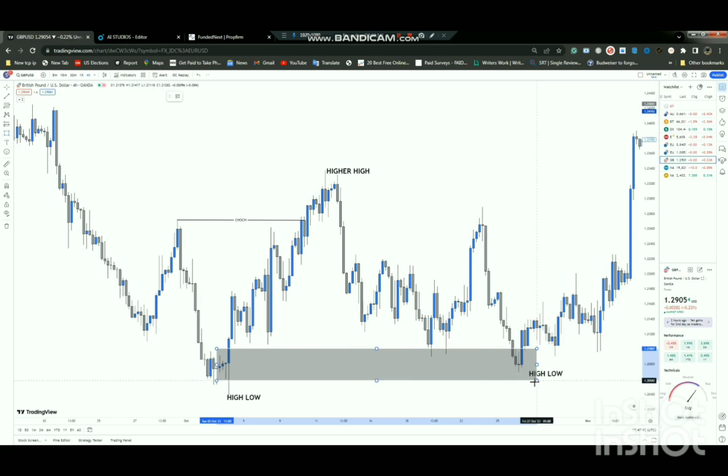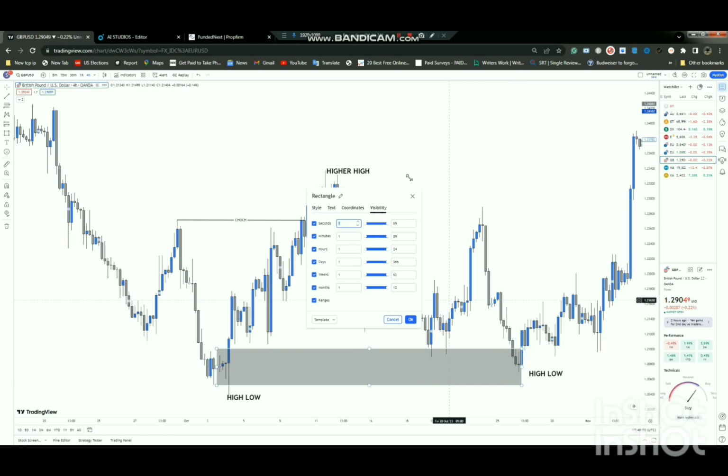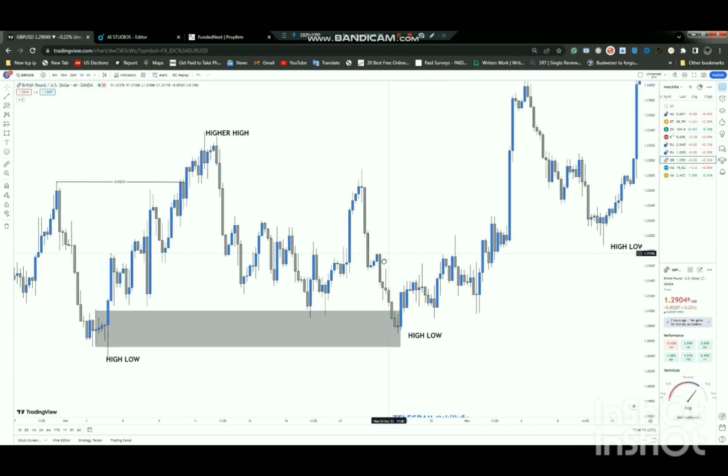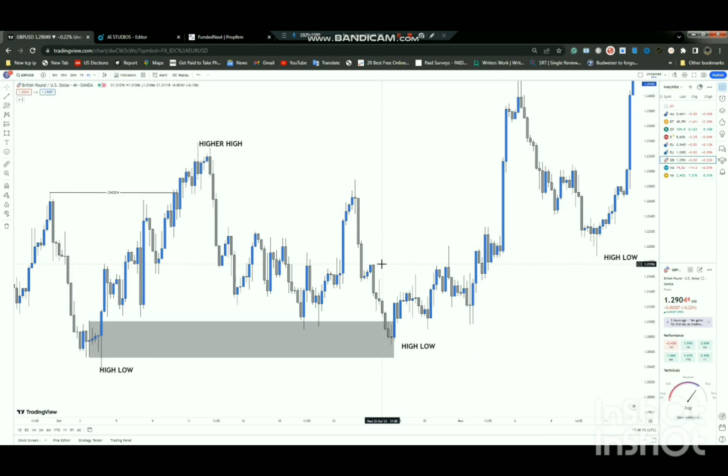Because we are now changing into an uptrend, and we have seen that there is a good change of character up, we are looking for only buys. We are looking for only buys, guys.